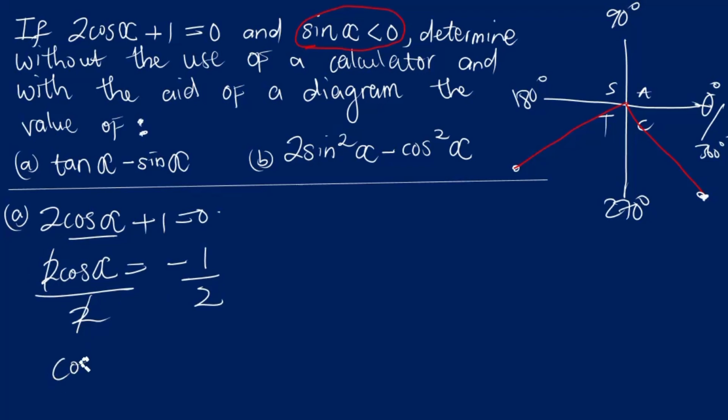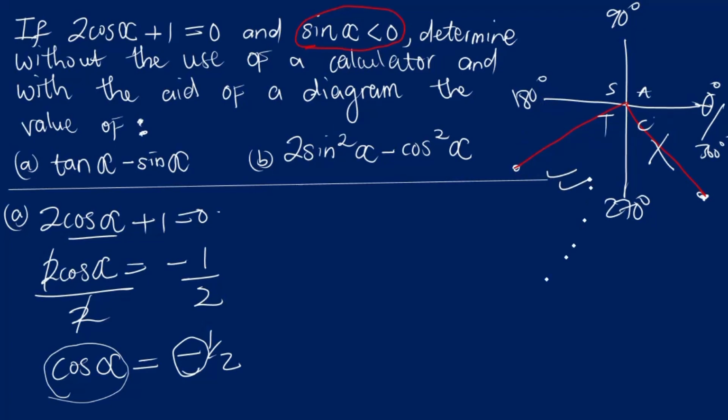And then it says now the cosine of alpha is equal to negative half. So what is this saying? It's saying the quadrant that I must choose between the two is the quadrant whereby the cosine is negative. Where is the cosine negative? On this side, the cosine is positive. So which means the quadrant that I'm using is this one. This is the right one.